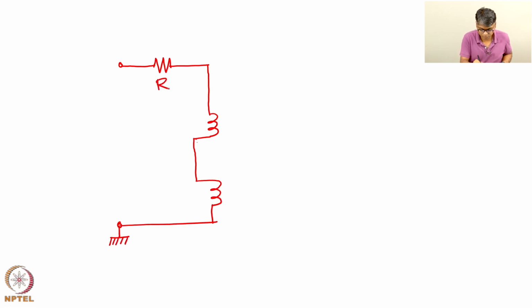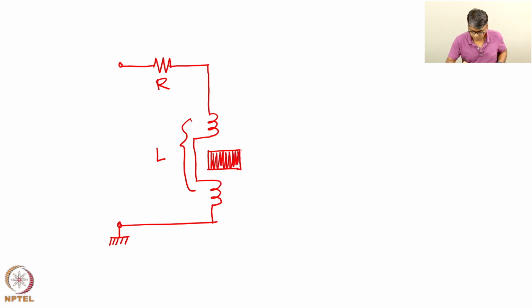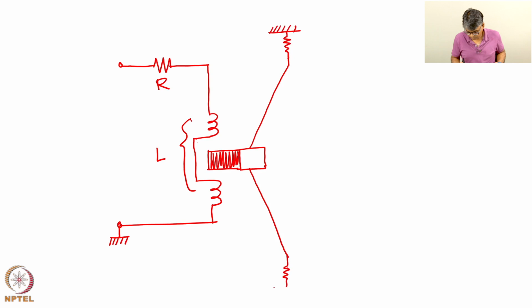This is the resistance of the coil. This together is the inductance of the coil, and here there sits a magnetic core, often called the bobbin also, which is attached to what is known as a diaphragm, which is a soft material which is connected to the frame of the speaker through a spring-like structure.